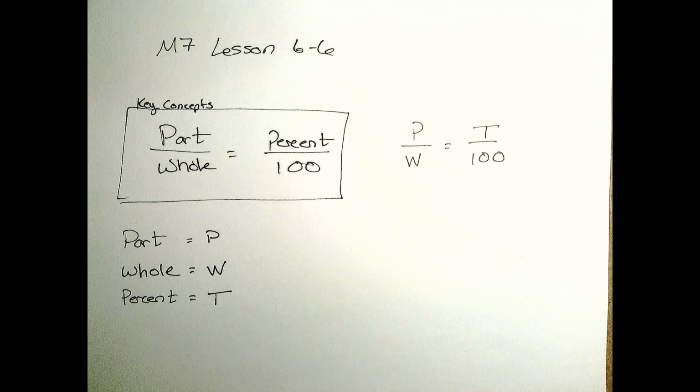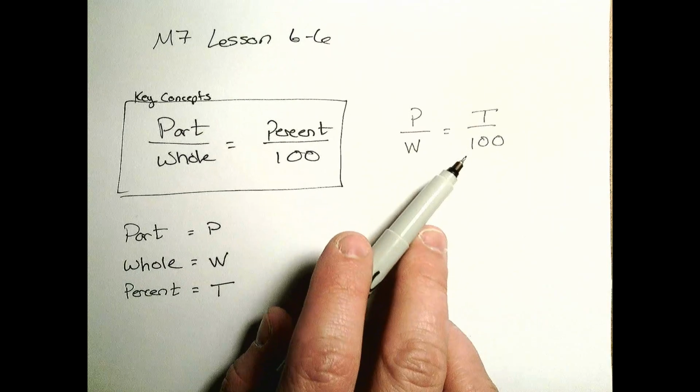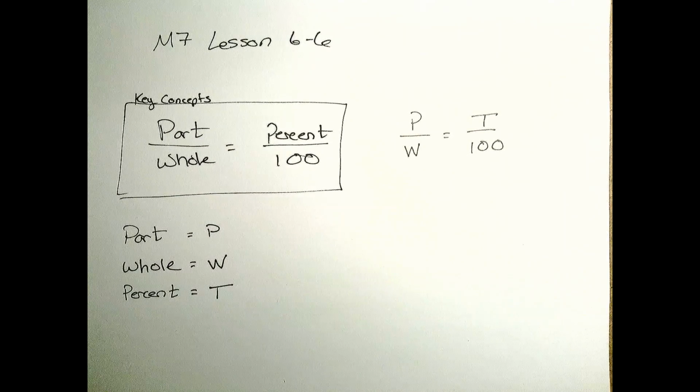Well, it's still a proportion. But what did I do between the box here and here? You shortened it. I shortened what specifically? The part, the whole, and percent. And what did I put in their place? What do we call these things? We put variables. Okay?